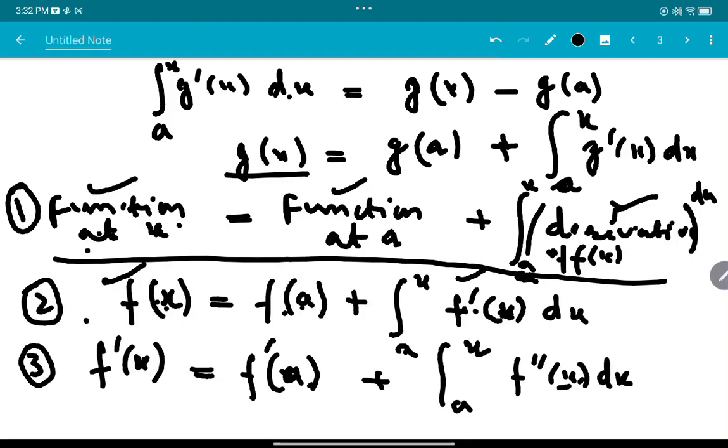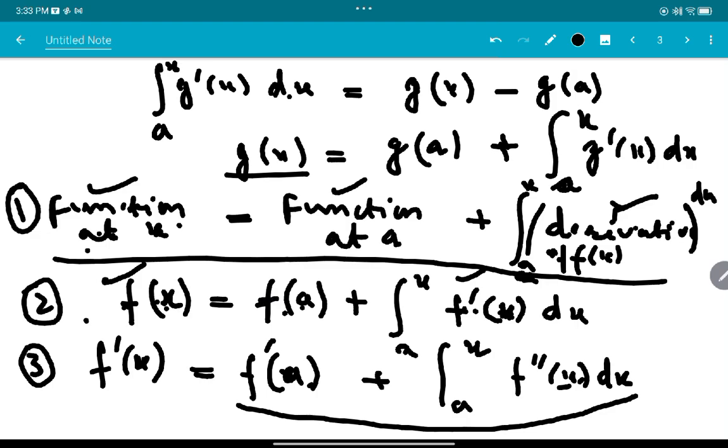When you replace f dash x in equation second by this value, the equation will become: first we have fx, and the rest of the two terms, fx and fa, will not be affected.